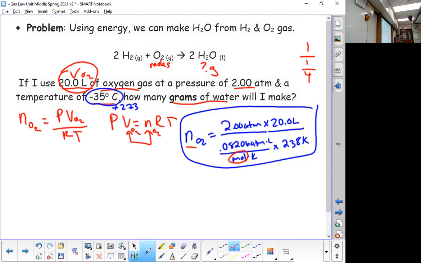So for the moles of O2 here, I have 2.04810 moles of O2.